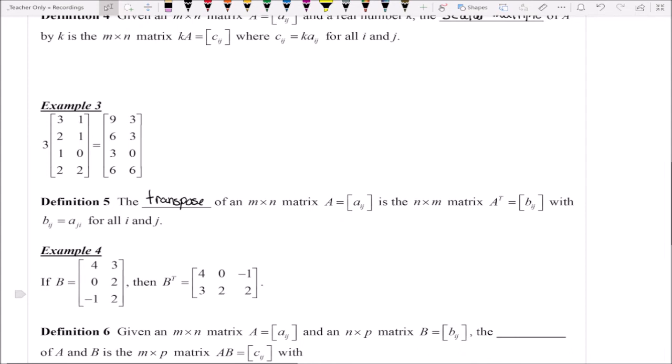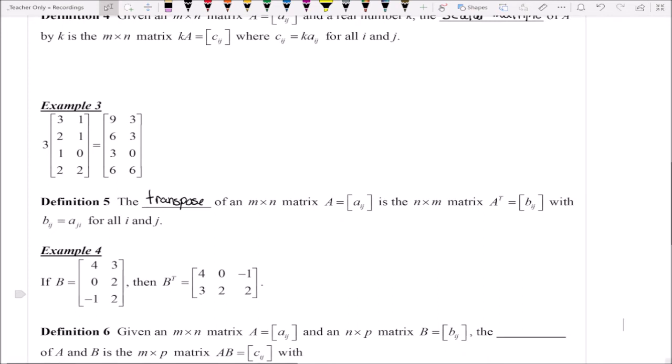We represent each entry Bij, where the ij entry Bij is equal to Aji. Notice all we did was switch the row index and the column index. In other words, when you take the transpose of a matrix, rows become columns, columns become rows.